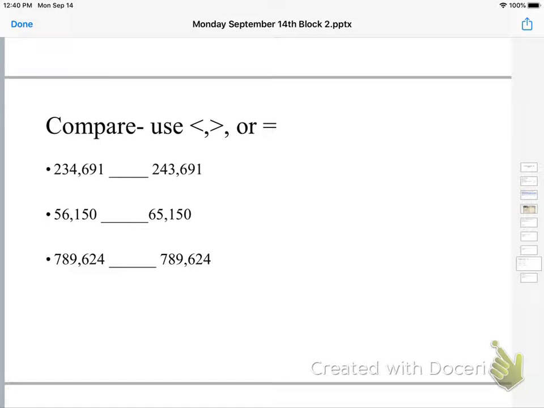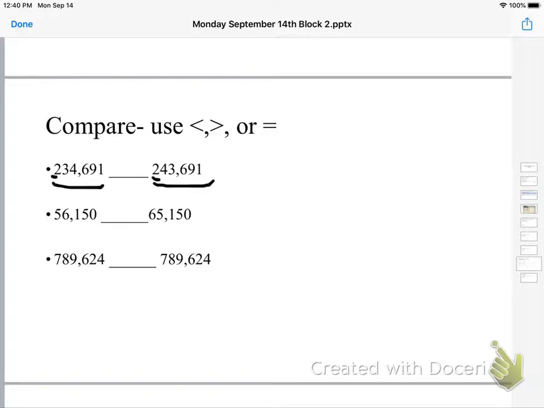Then what we also did is we compared using our less than, greater than, or equal to, and a lot of times we think of them as our alligator mouths, and we have the alligator eat the bigger number. So both of these numbers, you'll notice they both have 6 digits. So I'm going to go all the way to the front and I'm going to start comparing. And I've got a 2 and a 2.